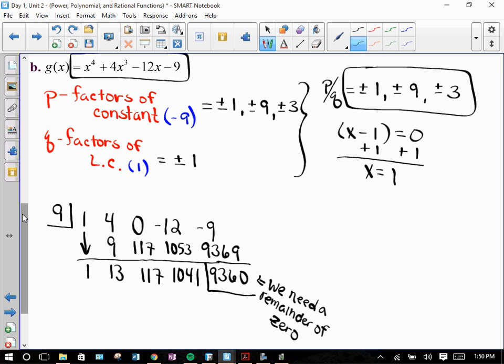Well, we could, and we would find out that it's not a 0. But once we get going in this, there are going to be some shortcuts that we can use to cut down on the amount of plugging in or synthetic division we need to do.